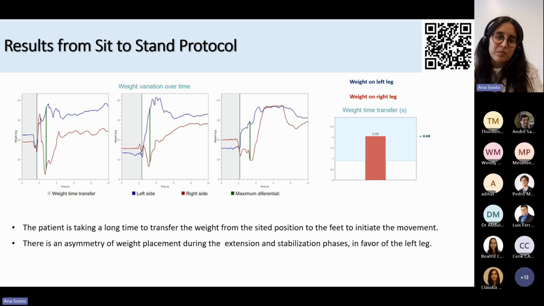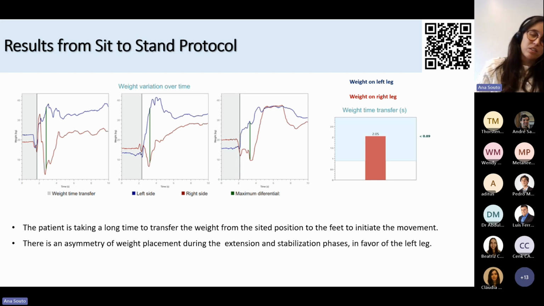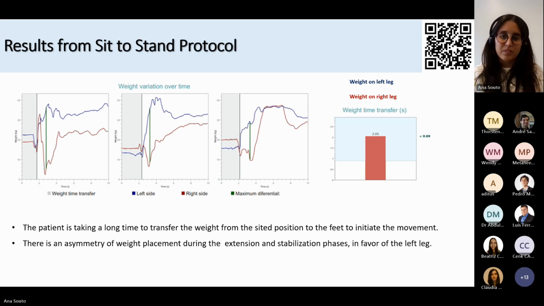So this movement is not being effective. The patient is taking a long time to transfer the weight from the seated position to the feet, as I explained, and there's an asymmetry of weight being placed during the extension and stabilization phase. Yes, there's still a difference when the patient is stabilizing, so he is always putting more weight on the left leg. Okay.